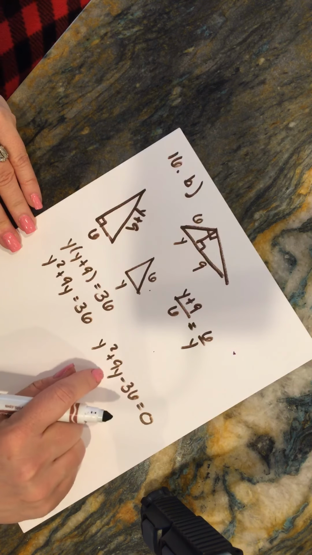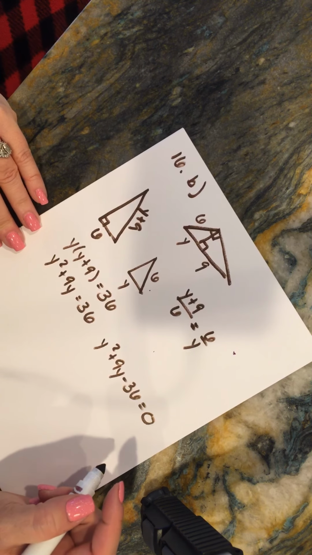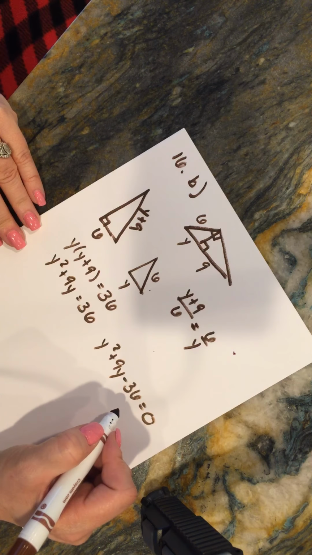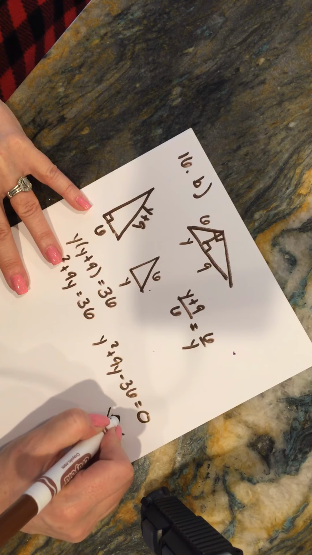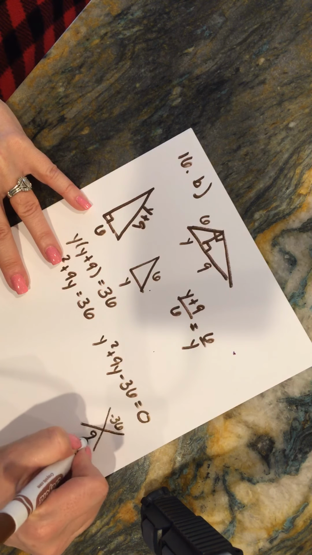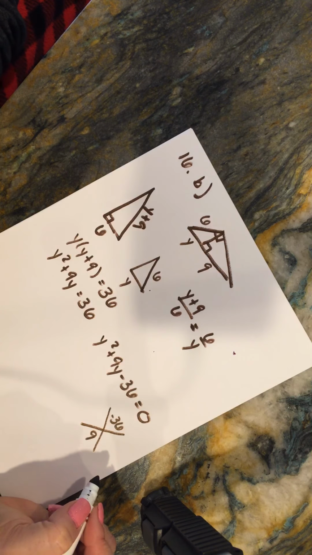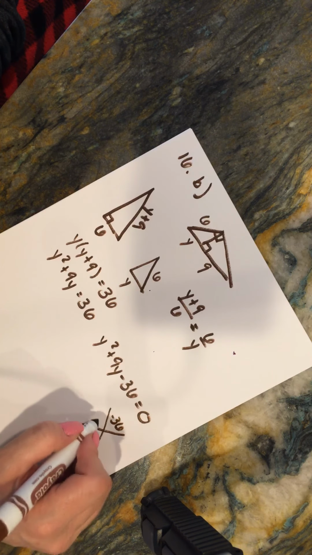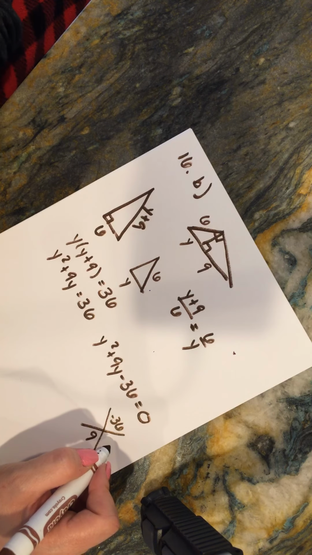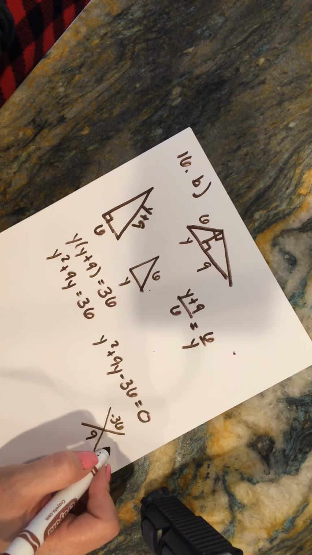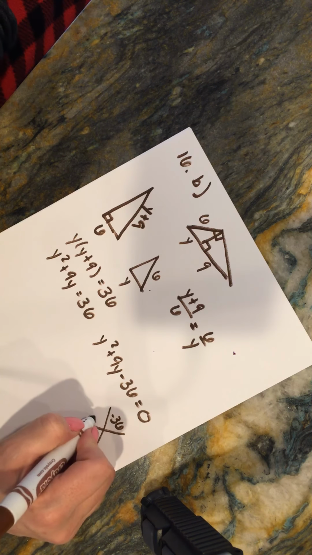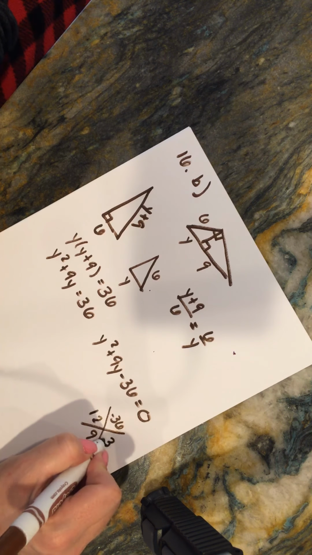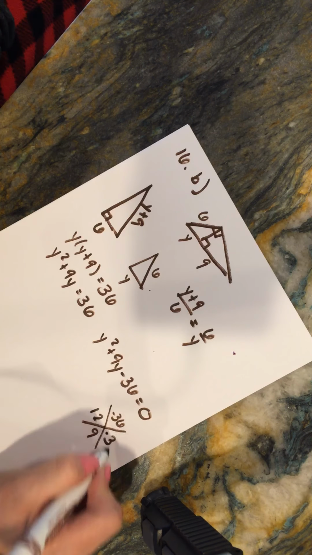Factors of negative 36 that add to equal 9. Let's see, we've got 6 and 6. Nope. 12 and 3. Yes, that's it. So 12 and 3. One of them needs to be negative though, right?